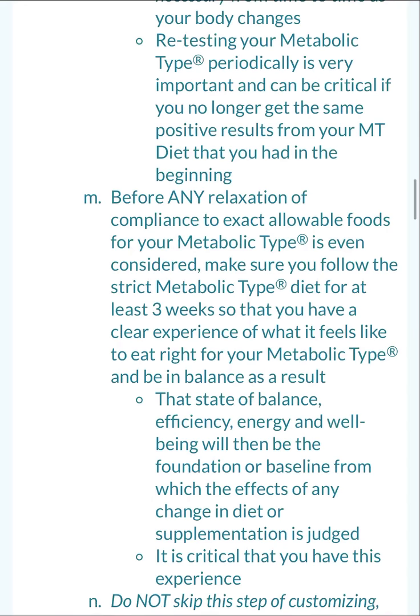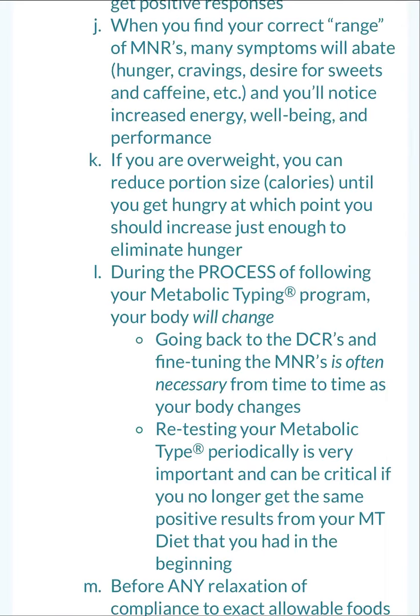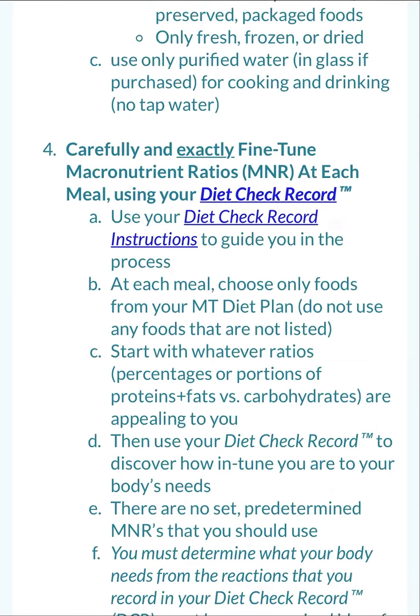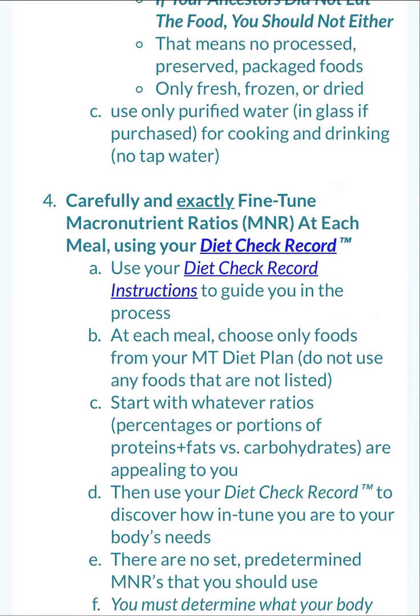Once you reach the end of phase 1 and you fine-tune what you are eating every day and what you should be eating, you can use your color-coded containers if you're using them. I'm going to click on that right now.